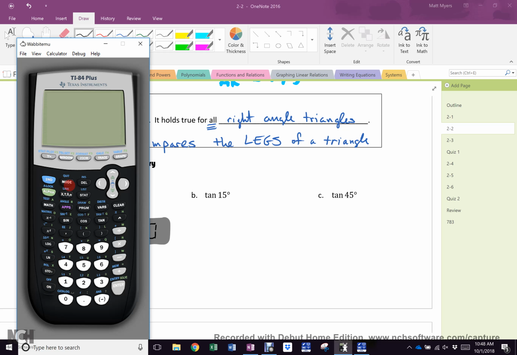When my calculator turns on, if it turns on, because it's a piece of crap. When you see mode, your whole screen will fill up. Use the Nintendo controller buttons to go down to the word degree, not radians.